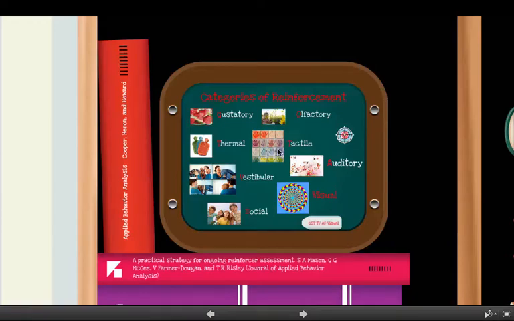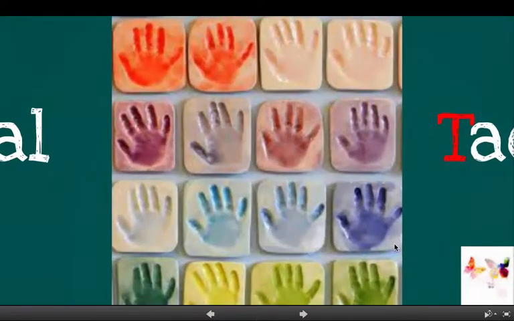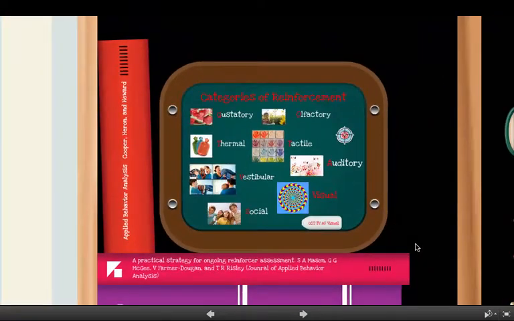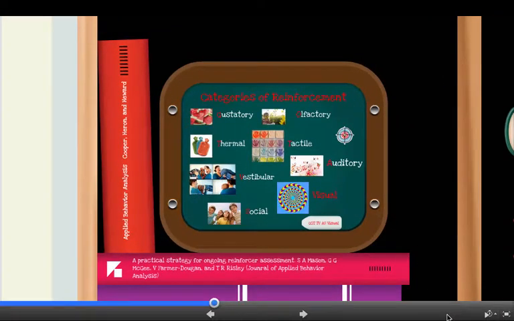The next category is what's referred to as tactile reinforcers. So these are reinforcers that appeal to the sense of touch and sensation on the skin. A child, for example, putting their fingers on clay, or not even a child, an adult putting their hands on clay, perhaps on a potter's wheel, and holding that clay or molding that clay in some way can be a powerful tactile reinforcer.